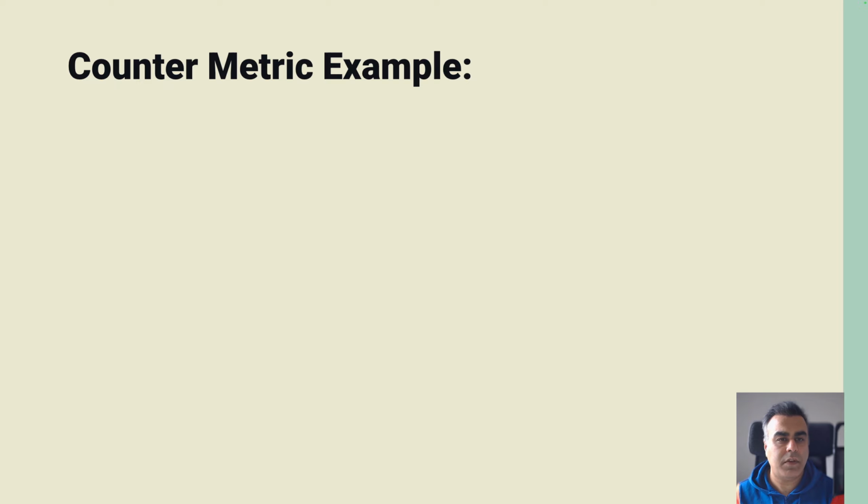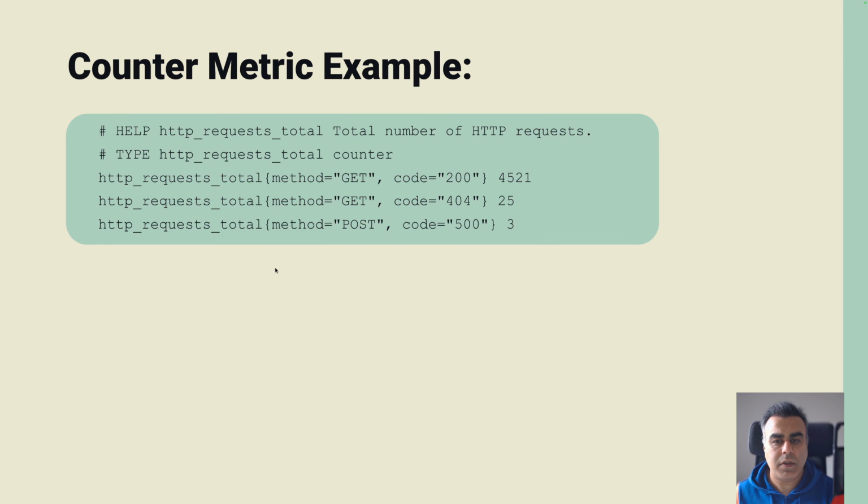And there are some examples for this metric. For instance, when we are using an exporter for Prometheus, and Prometheus wants to scrape such a metric, the metric will look something like the one that we see.